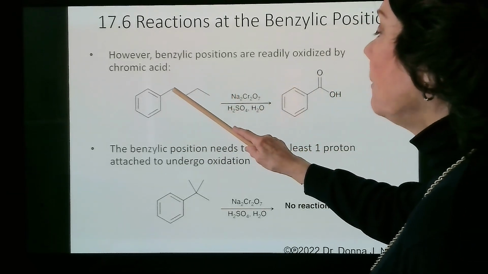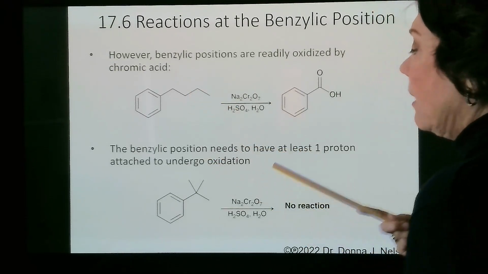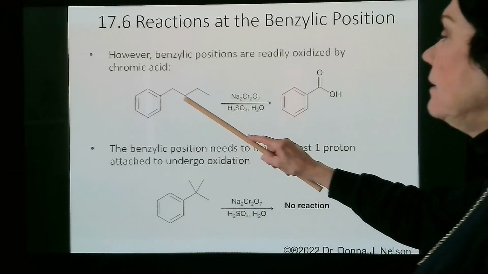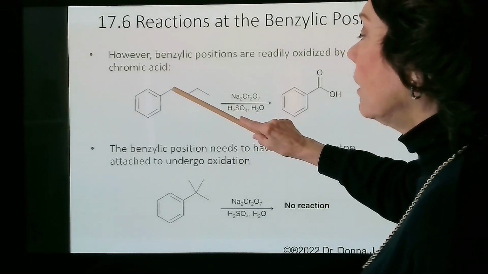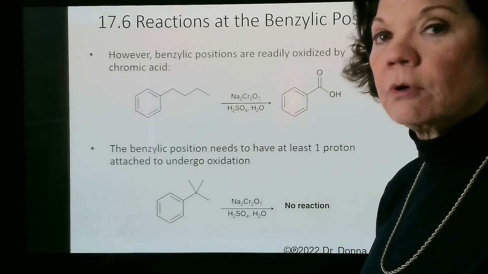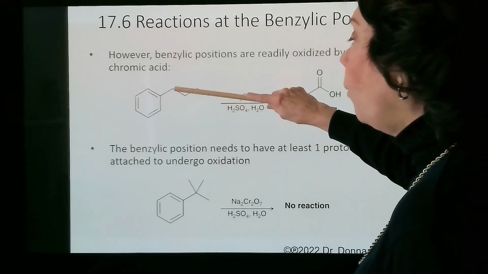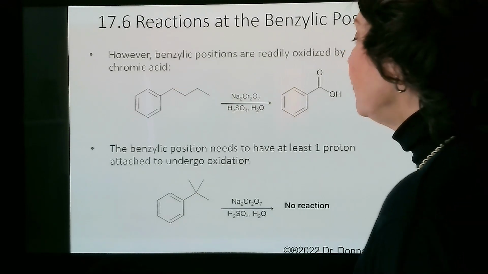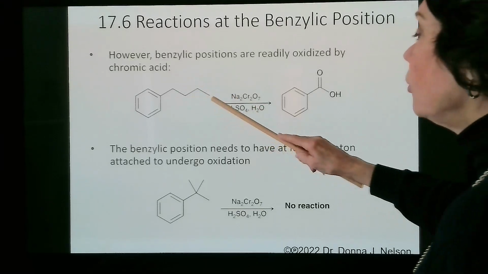Whatever is on here, it doesn't matter if it's a methyl, or here it's shown a butyl, it doesn't matter if it's a hexyl, it doesn't matter what is there, so long as there is 1 proton at that position that can be removed to start the reaction. You must have 1 proton at the benzylic position so that it can be removed and the reaction starts.